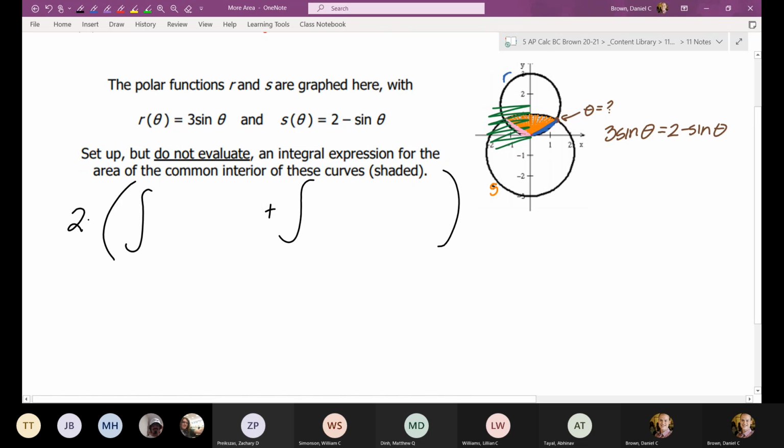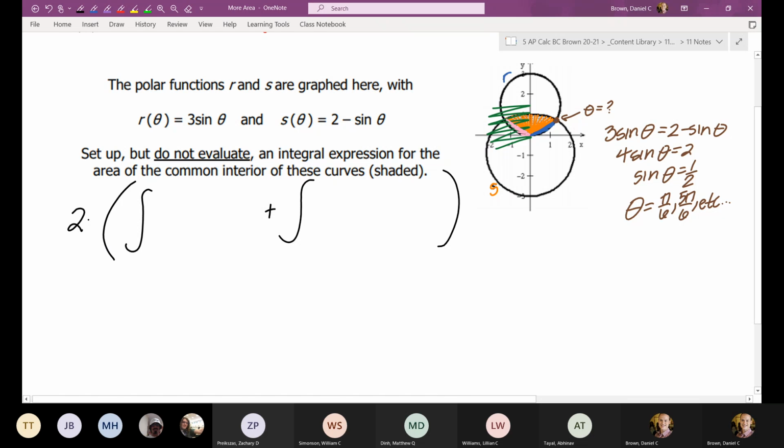Setting them equal to each other, we get 4 sine of theta is equal to 2, sine of theta is equal to 1/2. So theta is equal to pi over 6, 5 pi over 6, and to be clear, all the coterminal ones that come after that.